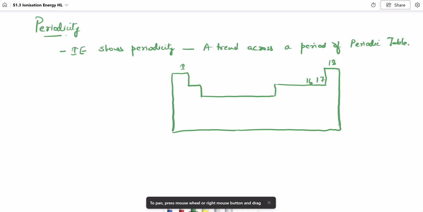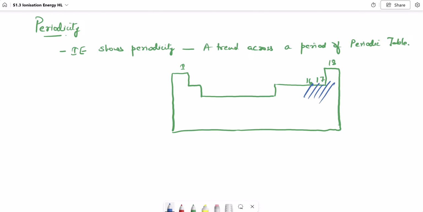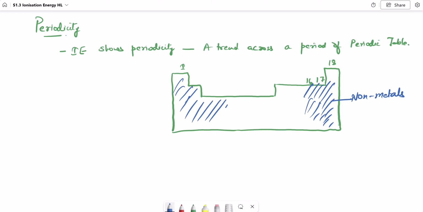Generally this side you will get non-metals, and the more metallic character we will find here in the first group, so they are metallic.